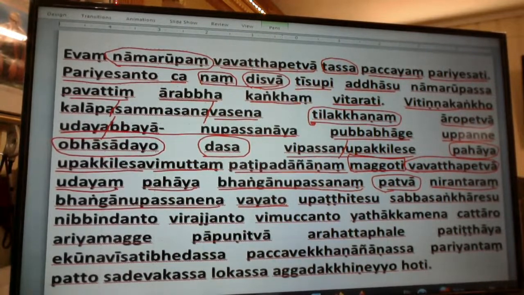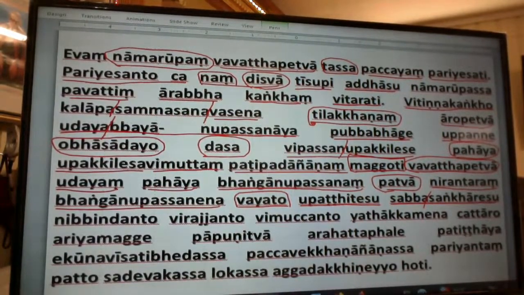Vayato, disappearing. Upaṭṭhitesu, appearing in your mind, is just disappearing every moment like this. Sabba saṅkhāresu. Sabba is all.